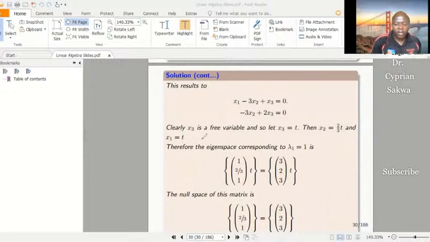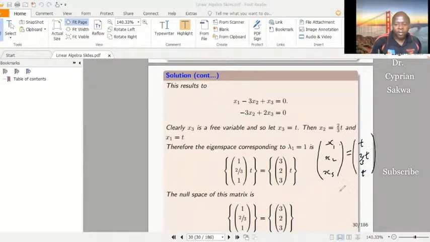Now, what is the eigenvector? x1, x2, x3, that is x1 is t, x2 is 2 over 3 t, and x3 is t.